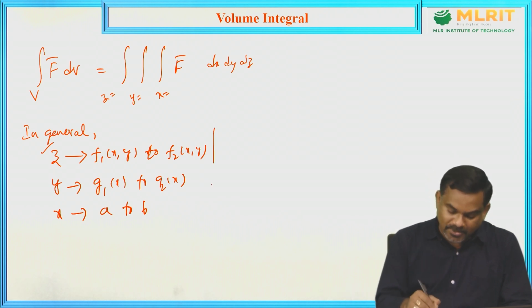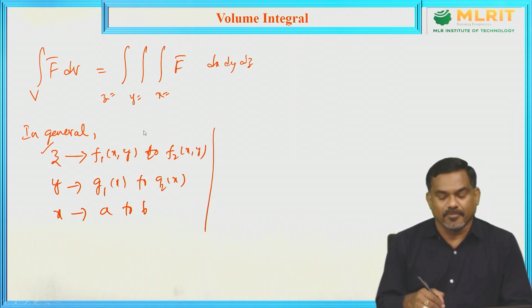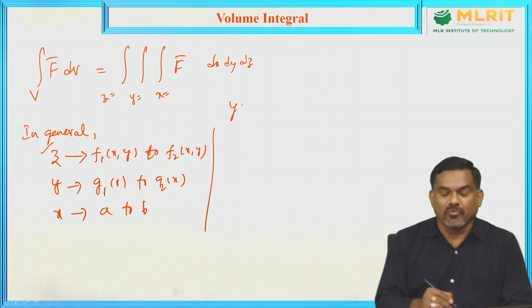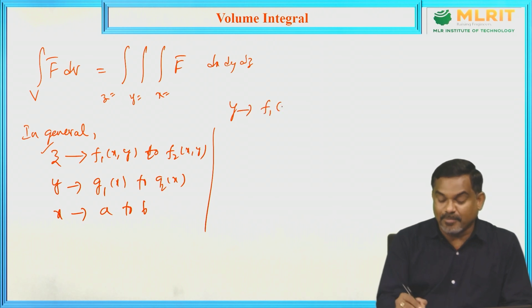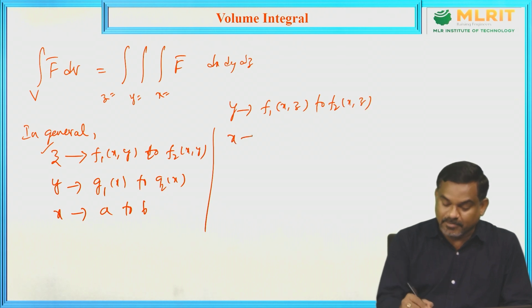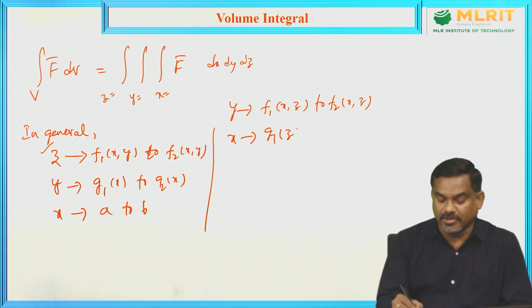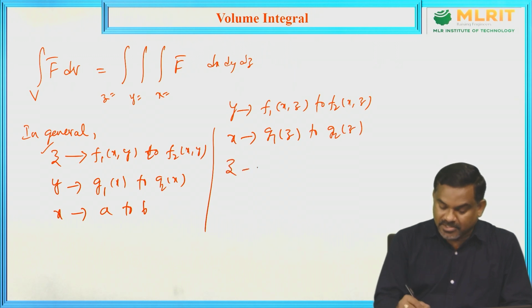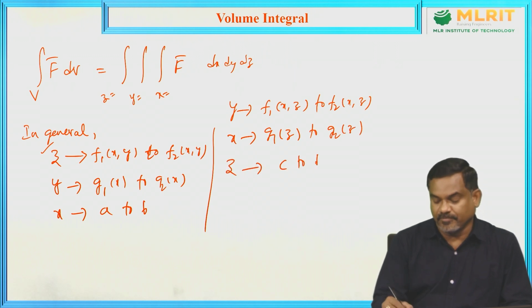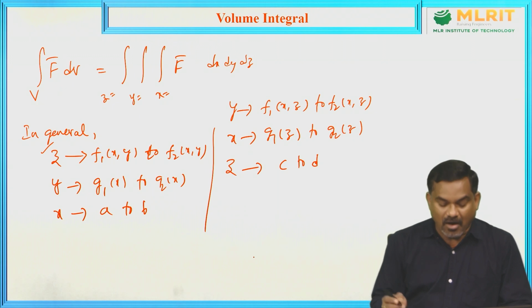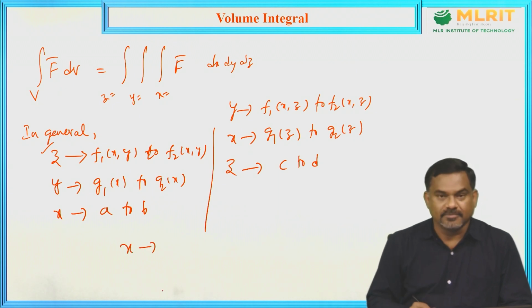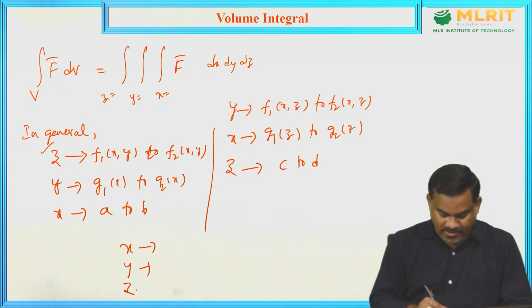It's not compulsory to follow the same order. If you want, you can consider y limits in terms of the remaining two, f1 of x comma z to f2 of x comma z, then x limits in terms of z, g1 of z to g2 of z, and finally z limits in terms of constants c to d. Or else you can start with x, then y, then z.